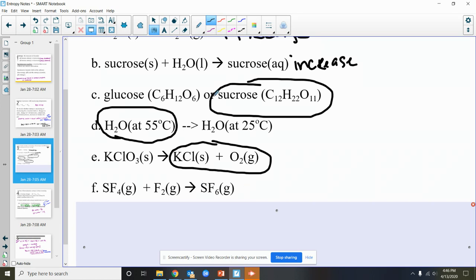So in this case, my delta S, my entropy, is actually negative because I'm creating more order by combining it into one molecule. Okay, so again, just keep in mind that the higher the entropy, the more disorder; the lower entropy, your negative, is more ordered. So it just kind of depends on all of those things that we had previously talked about.